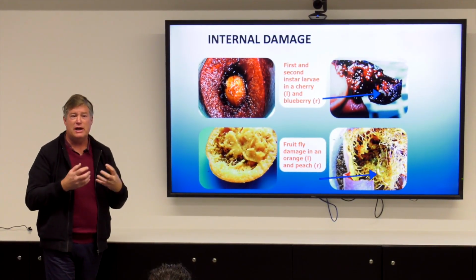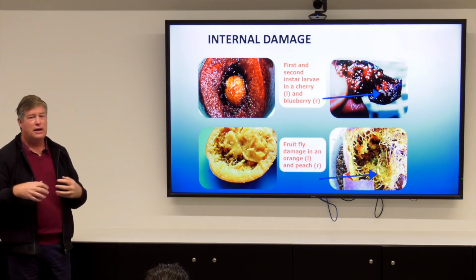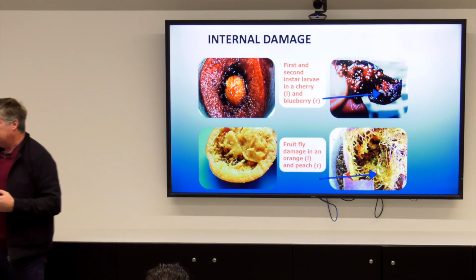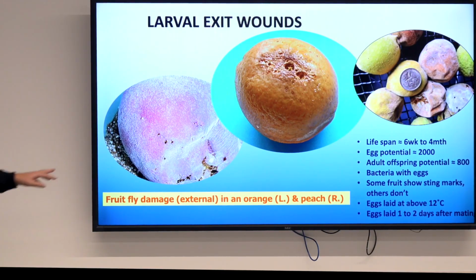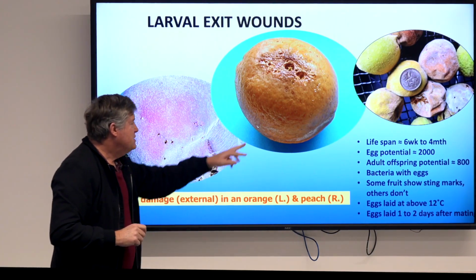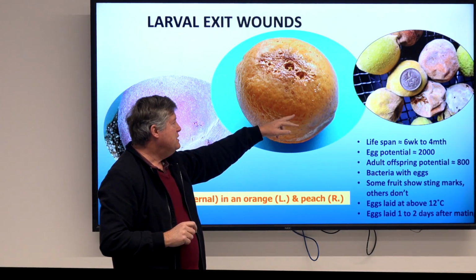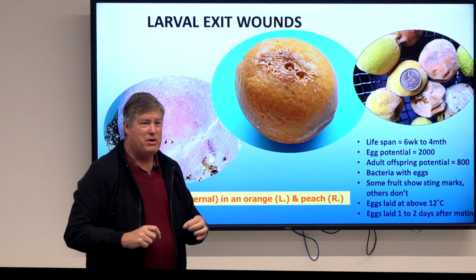So there's a lot of variation in the hostability, if you like, of different fruits and different cultivars of fruits. When the fly comes out of the fruit, it creates these holes. As you can see, this is a bit of a scary one for me because these peaches were very immature.